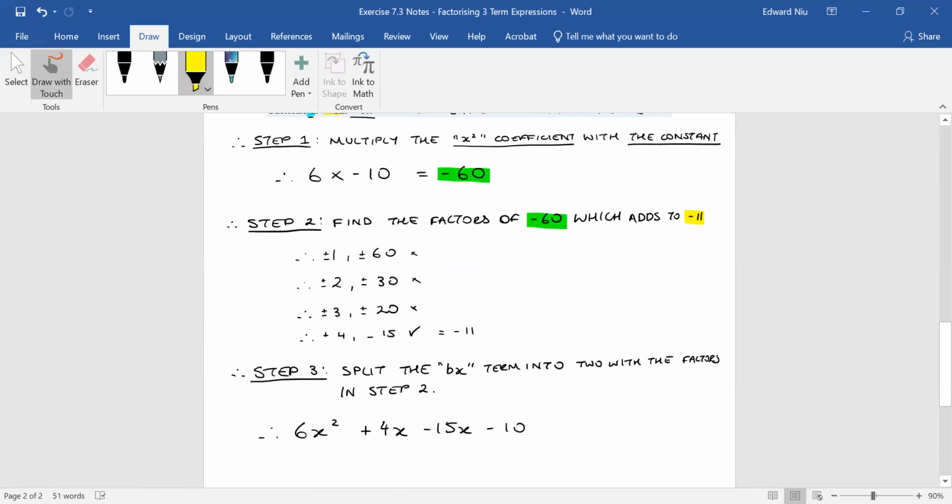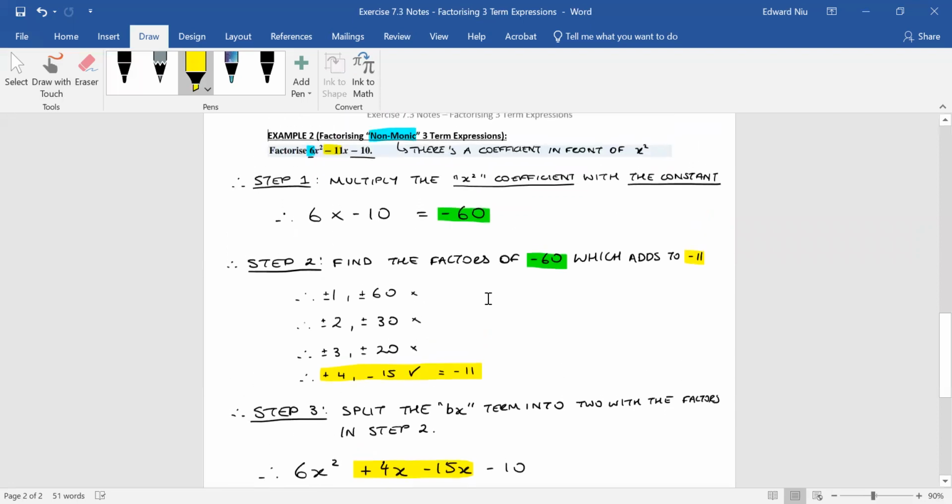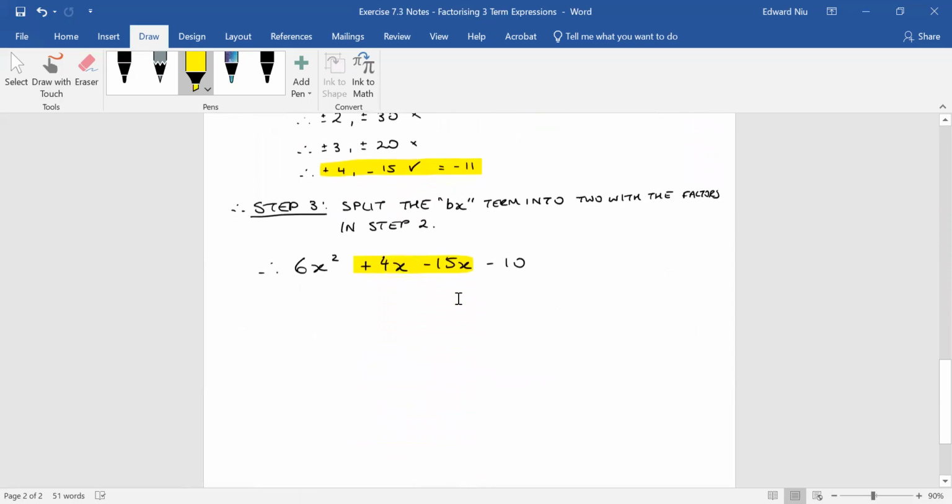So this part here was because of this part here, and this links back to the negative 11. Okay, back in the original equation. So from here, what we need to do is factorize by grouping. So step 4.